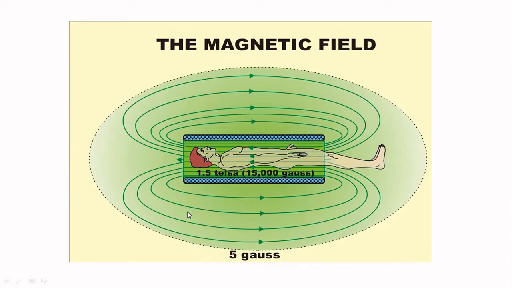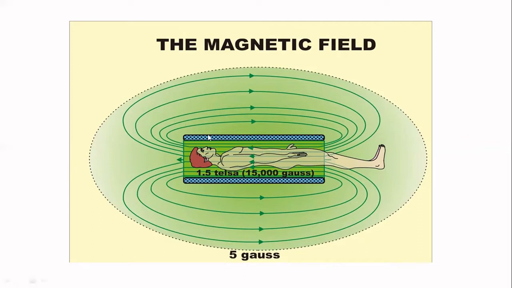So what is this gauss? We'll understand, but just by the numbers, we can see that these lines are more inside the bore rather than outside, and there is a rapid decline of the number of lines outside. So the magnetic field rapidly reduces outside the magnetic bore.